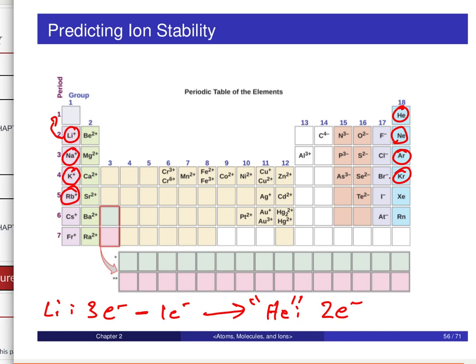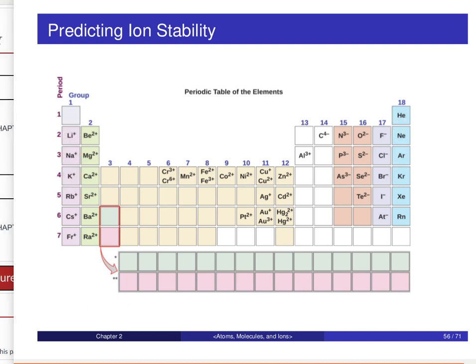In the same way, if you go over and look at this second group, our alkaline earth metals, those have to lose 2 electrons. They lose 1 electron to look like lithium, and then the next electron to circle back around, and in the case of beryllium, look like helium. Magnesium will lose 2 electrons to look like neon. Calcium will lose 2 electrons to look like argon, and so on and so forth down the periodic table.